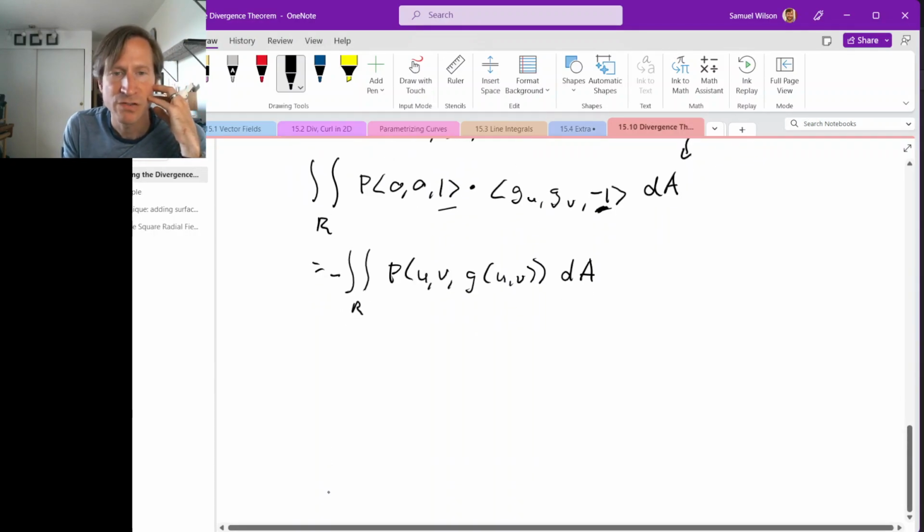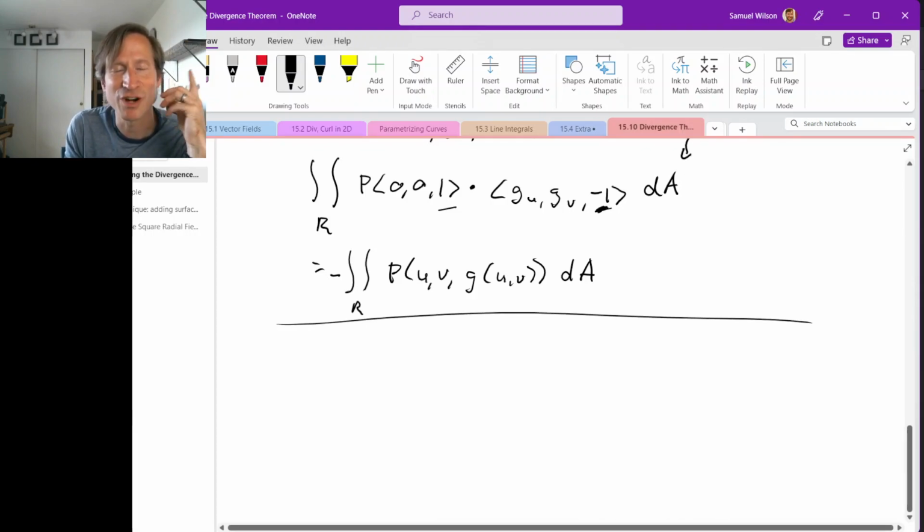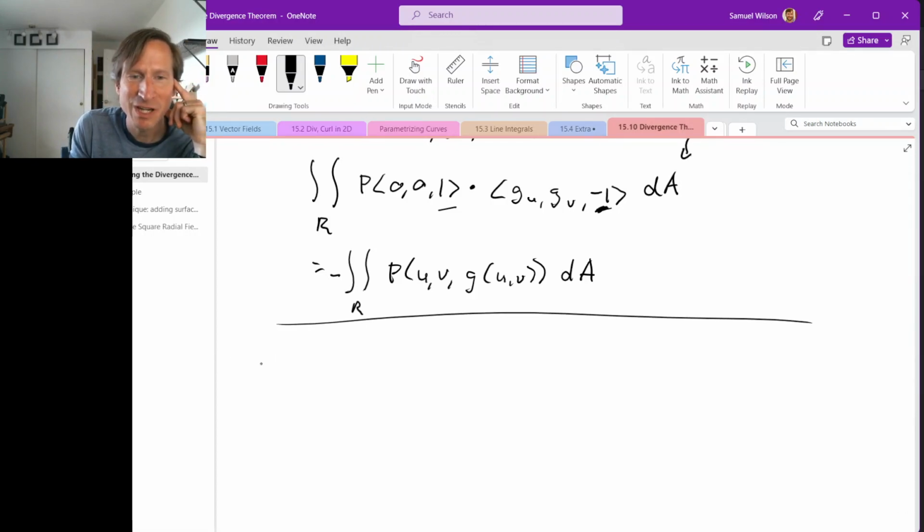Okay, so now that we know the integral over S1, S2, and S3, we can write down the total integral over the boundary of our volume of p times (0, 0, 1) dotted with n d sigma.